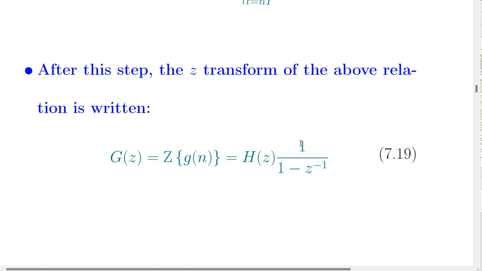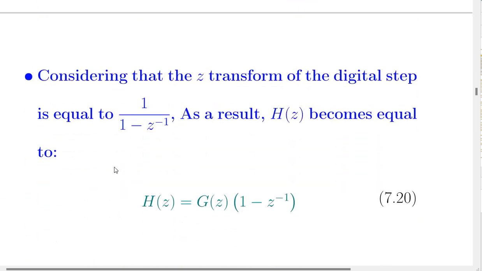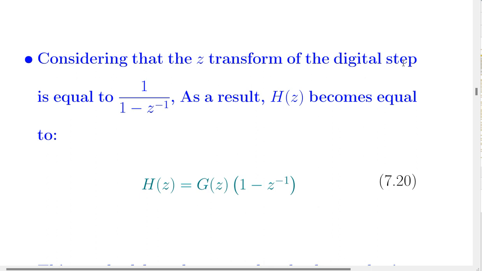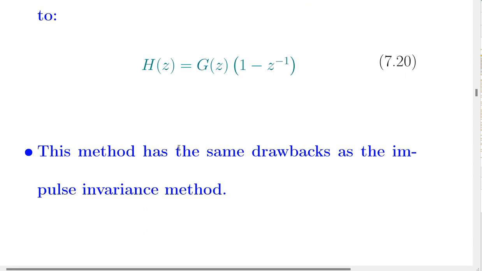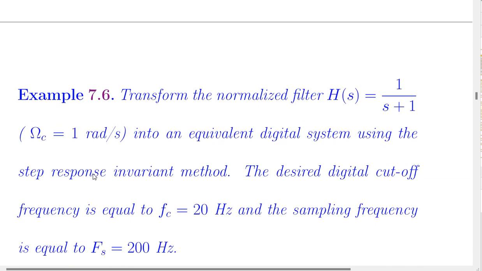H of z times 1 over 1 minus z to the power of minus 1. So the difference here appears compared to the previous method. Considering that the z transform of the digital step is equal to 1 over 1 minus z to the power of minus 1, as a result, H of z will be equal to G of z times 1 minus z to the power of minus 1. That's it. This method has the same drawbacks as the impulse invariance method, so in practice you cannot use it.